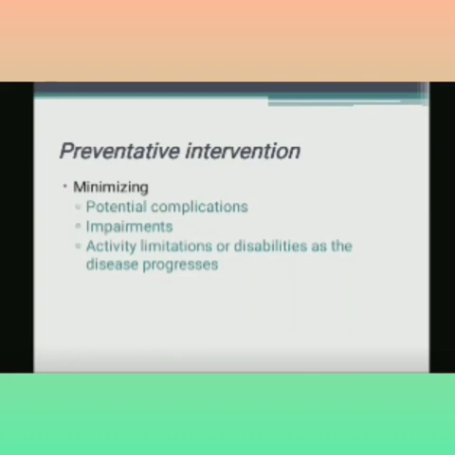Then you have to decrease the impairment which is going to happen, and restrict the activity limitation. Obviously, if there is impairment, the patient cannot perform their activities as they did when they were normal. So this is the phase where we do secondary prevention and tertiary prevention.